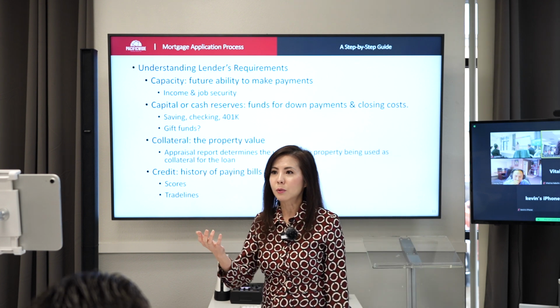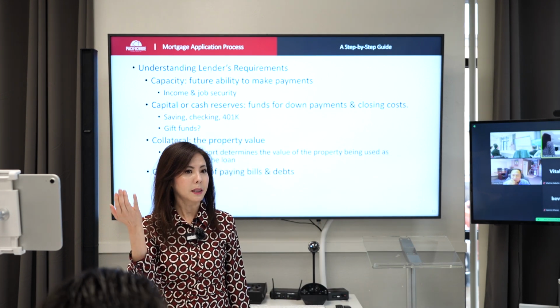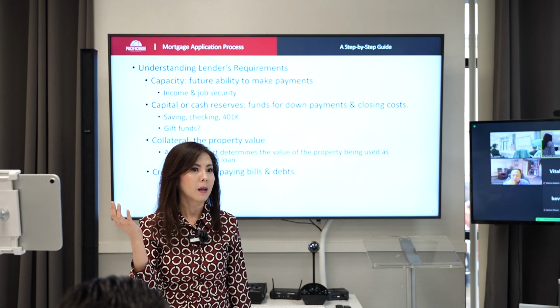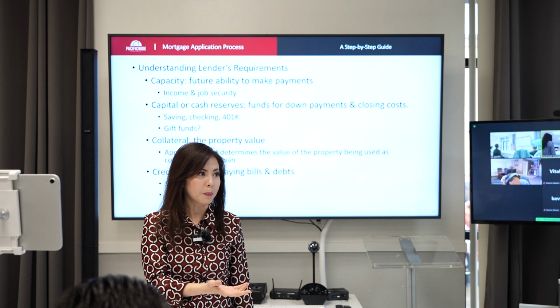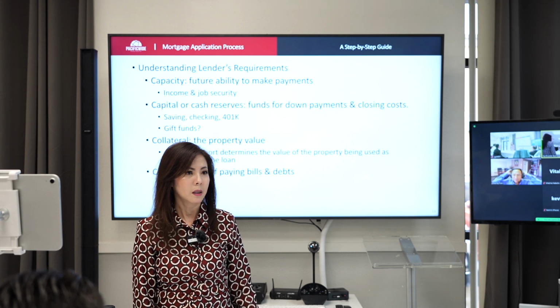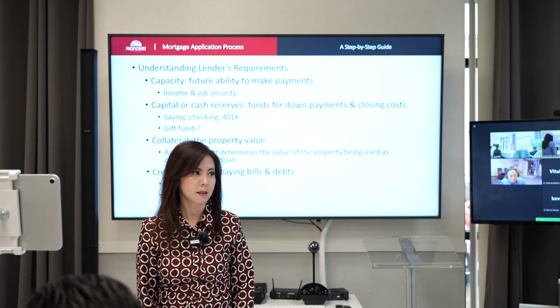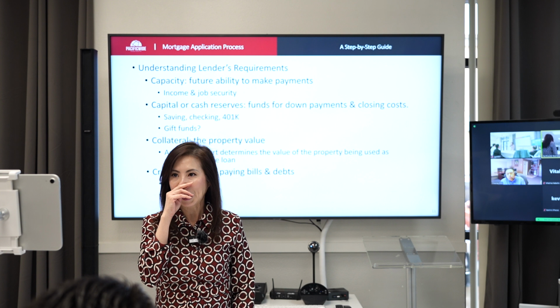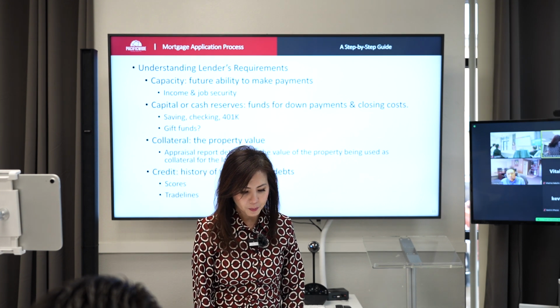So that's why they want the appraiser to go out, look at the property, take pictures and create a detailed report about the property. The lender doesn't go to the property, but the lender will look at the appraisal report to understand the condition of the property and how much it is worth.